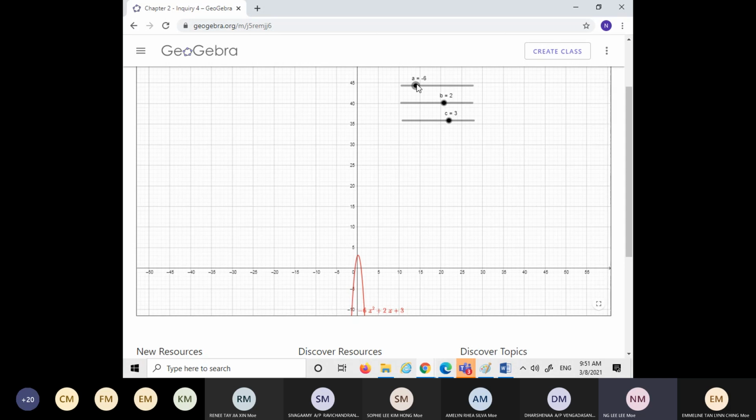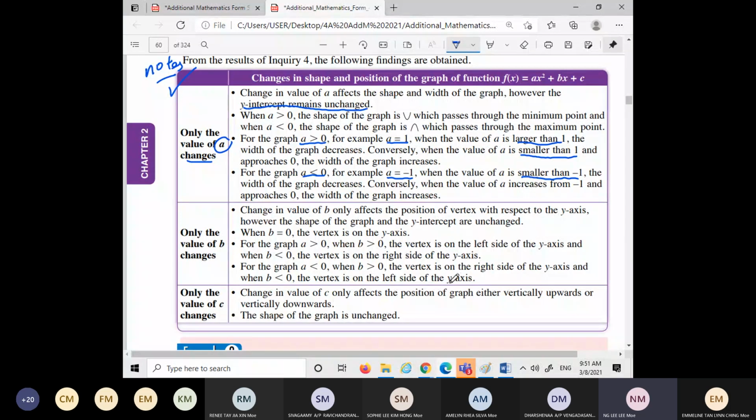A changes. Now this one I drag back to 1. Now we want to see what happens if B changes. I go back to the textbook. If B changes, we go through one by one.